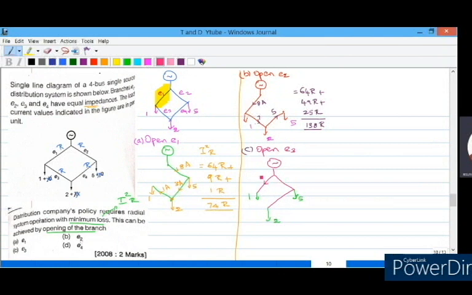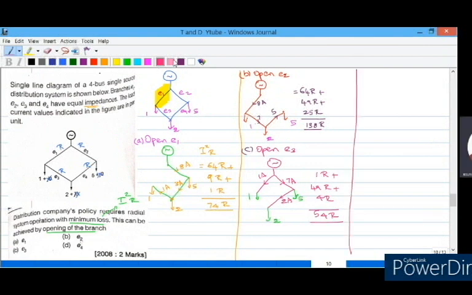As 1 ampere flows here, only 1 ampere can flow, and here it is 2 ampere, and definitely here it would be 7 ampere. Now let's find the power loss. Applying the power loss formula, it is 1R plus 49R plus 4R. So if I add everything, it is 54R.